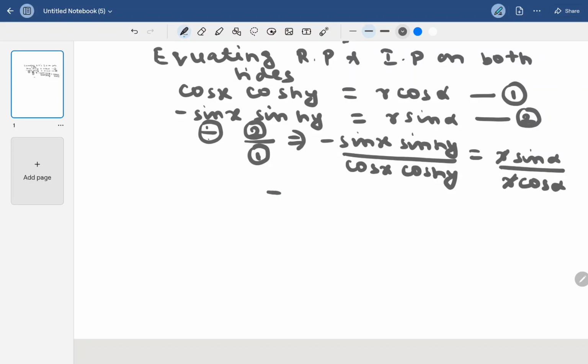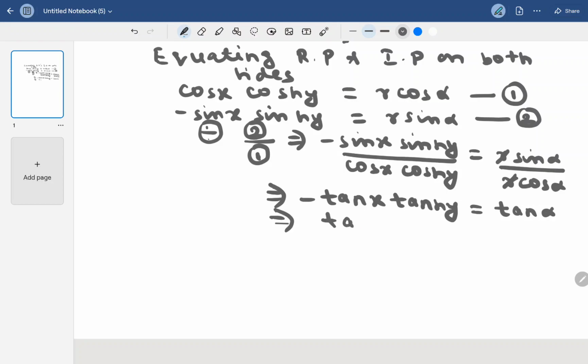Sin by cos from trigonometry we can write it as minus tan x. Sin hy by cos hy can be written as tan hy. Sin alpha by cos alpha can be written as tan alpha. This can be written as tan hy equal to minus of tan alpha by tan x.